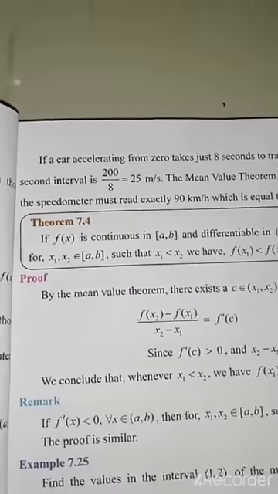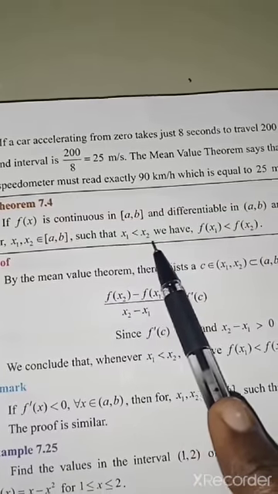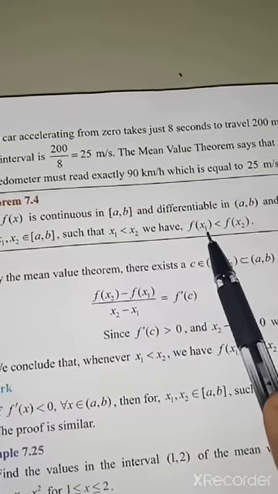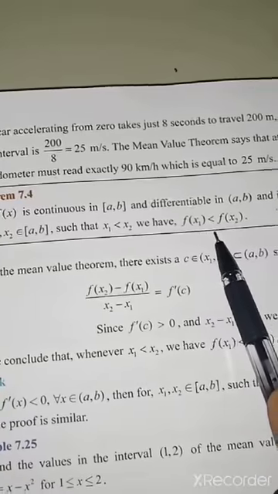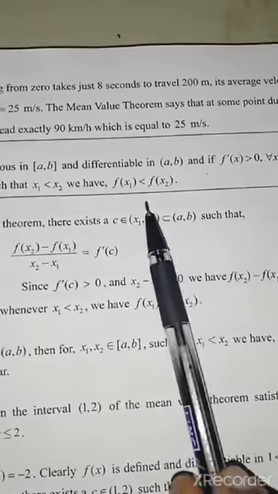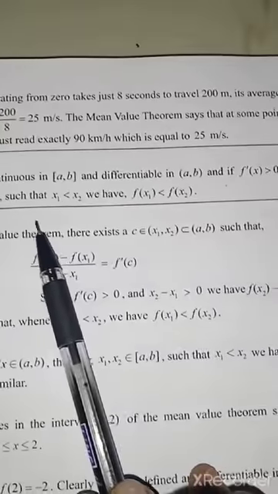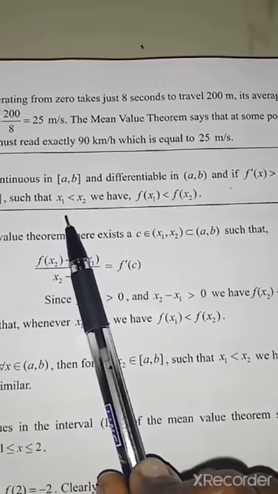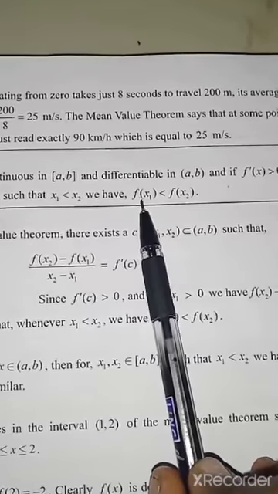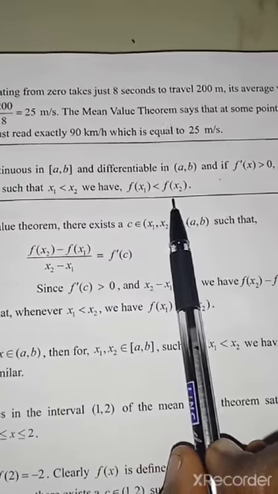If this condition is satisfied, then we can say that x1 is less than x2, so that f of x1 is less than f of x2. When do we take this? When f dash of x is greater than 0, so that we can say x1 is less than x2, that is f of x1 is less than f of x2.